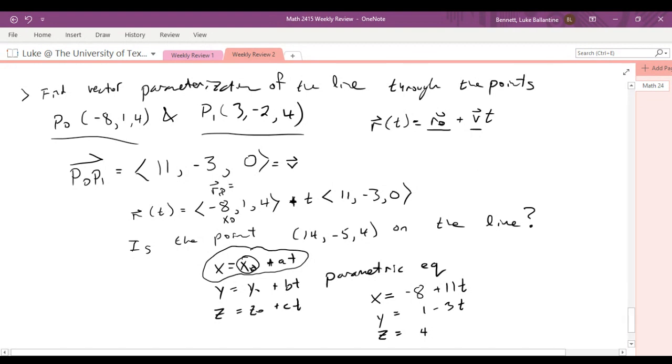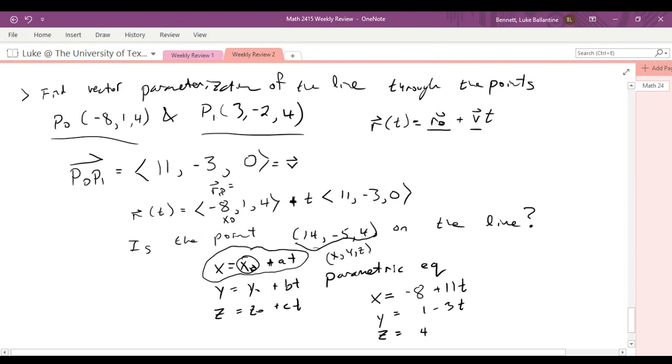So how do we determine if this point is on the line? If this was x naught, y naught, z naught, this point could be x, y, z.